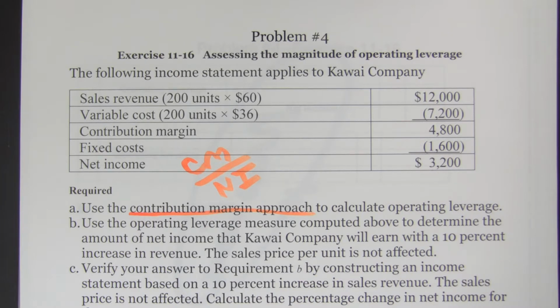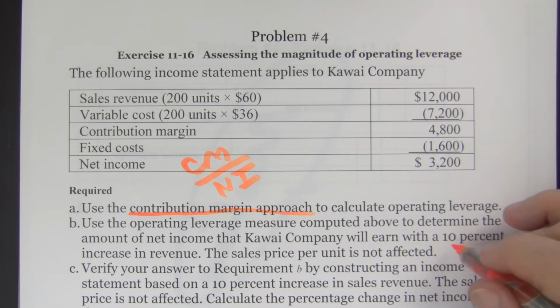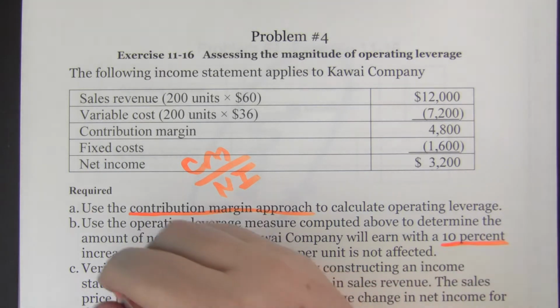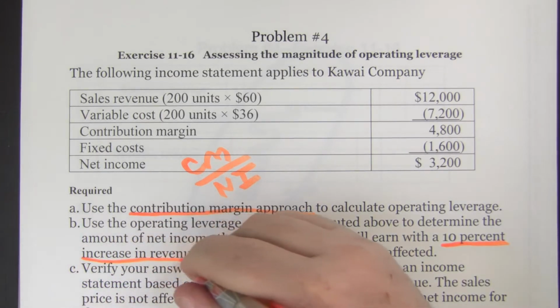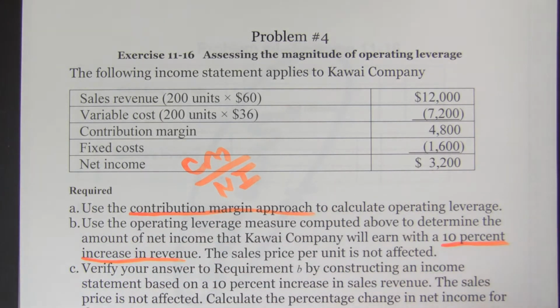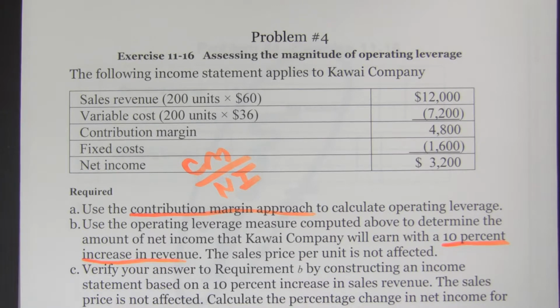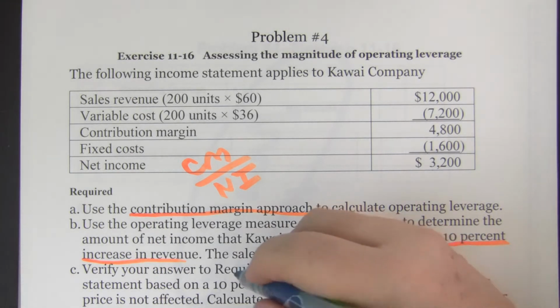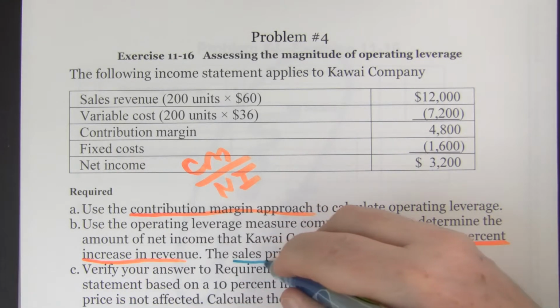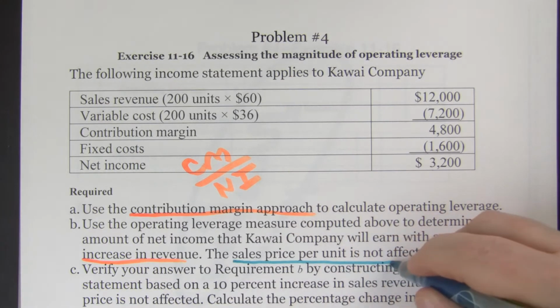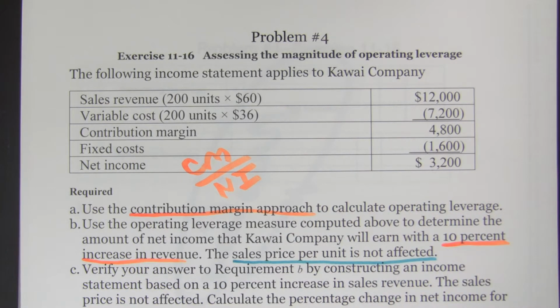Then use the leverage that we computed to determine the amount of net income that they will earn with a 10% increase in revenue. And this is kind of important. They tell us the sales price will not change.